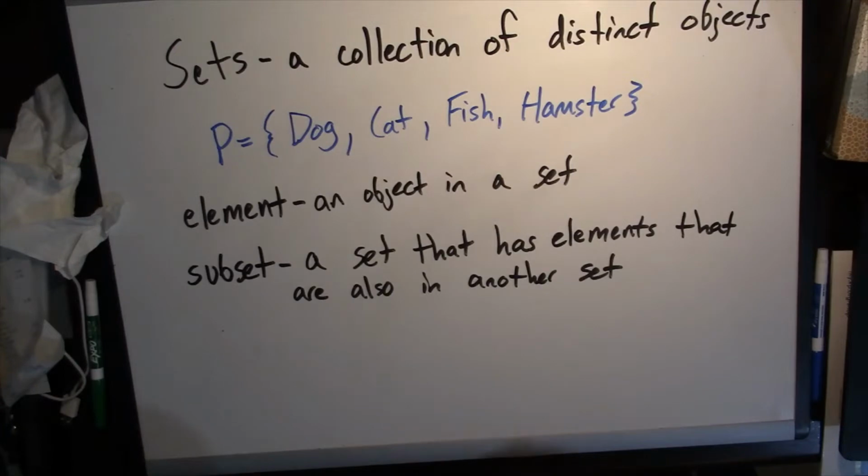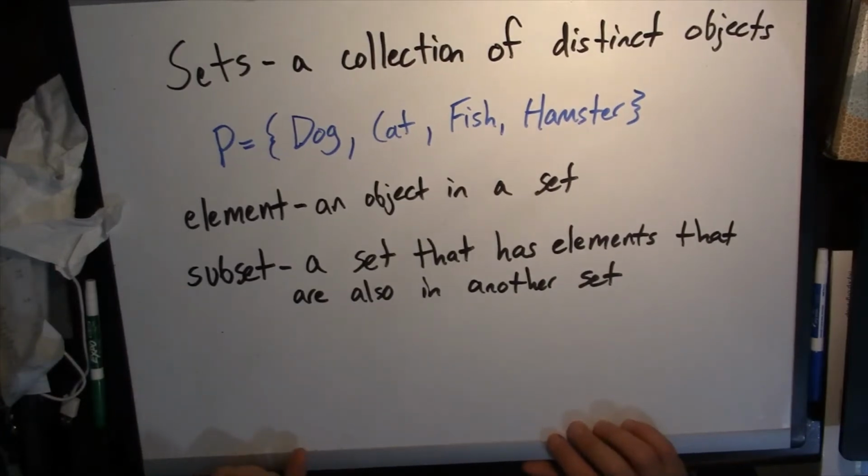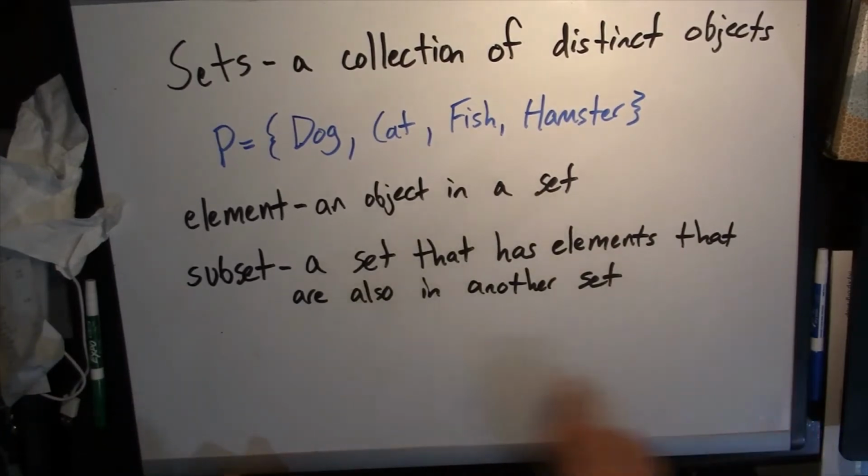So it's a set that has elements that are also in another set. So if you have a set and all of the elements in that set are also in another set, then you say that first set is a subset of the second set.